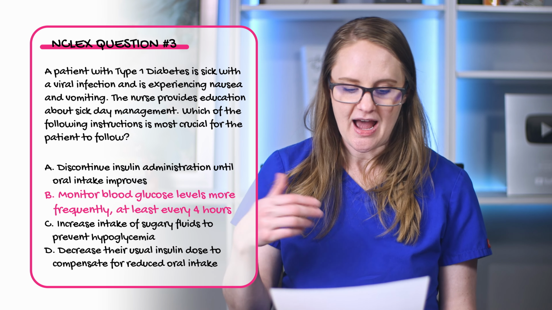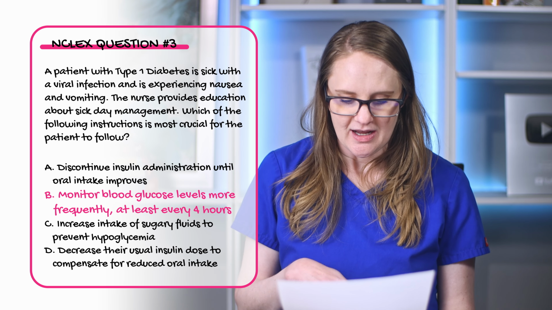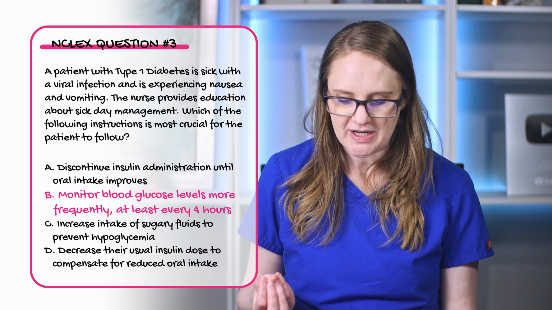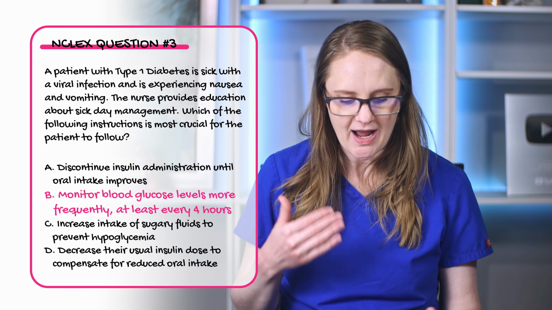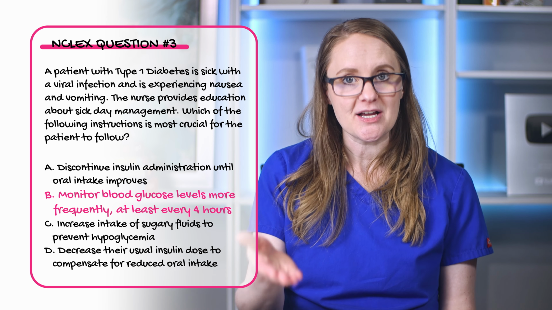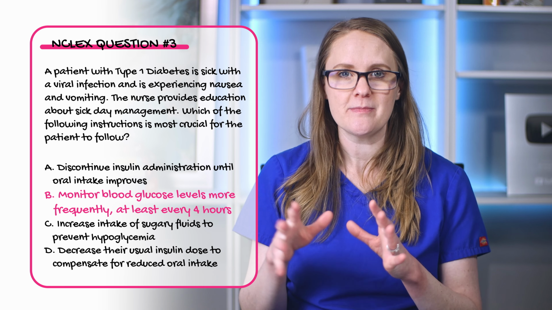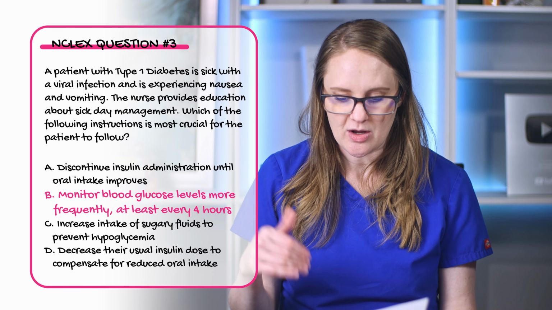And even though staying hydrated is important, consuming large amounts of sugary fluids can really worsen hyperglycemia, especially if the insulin doses aren't adjusted properly. So answer C here is also incorrect.